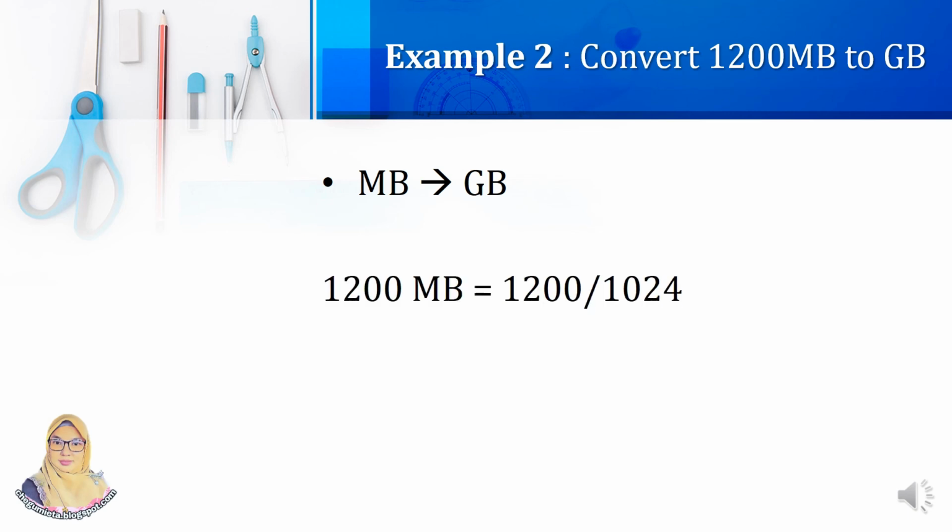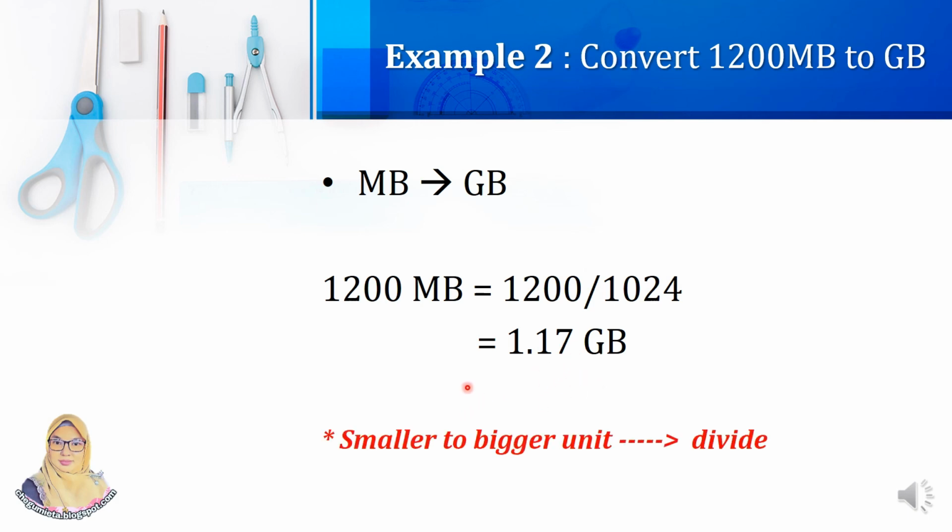From a small unit to a larger unit, you need to do a division operation. So 1200 megabytes divided by 1024, you will get 1.17 gigabytes. So remember, to convert from a smaller to a bigger unit, the operation involved is division. You need to divide by 1024.